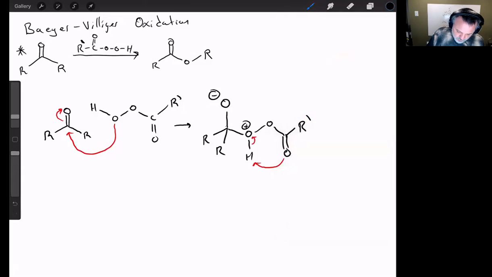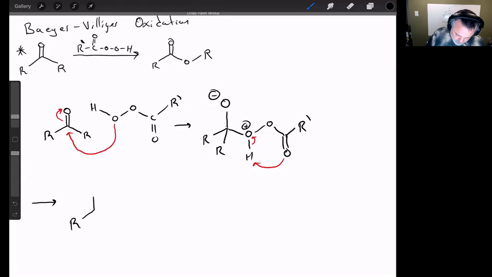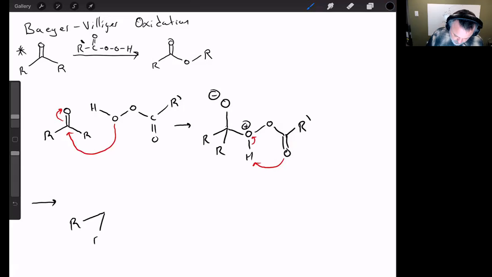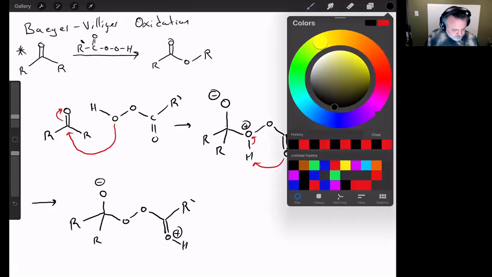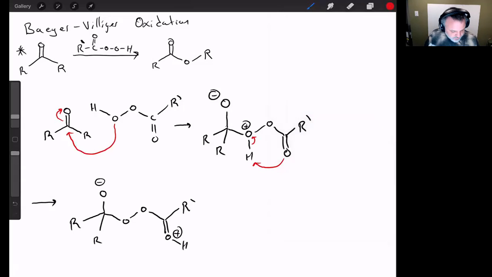Proton transfer moves that proton onto the carbonyl carbon. And that forms a positively charged carbonyl carbon. Here's where all the fun takes place.